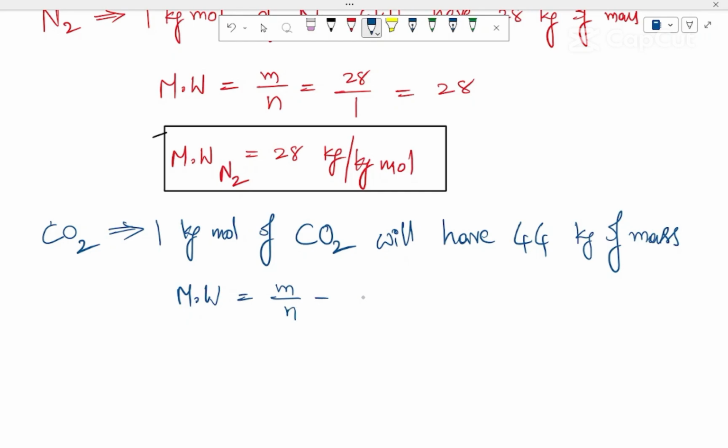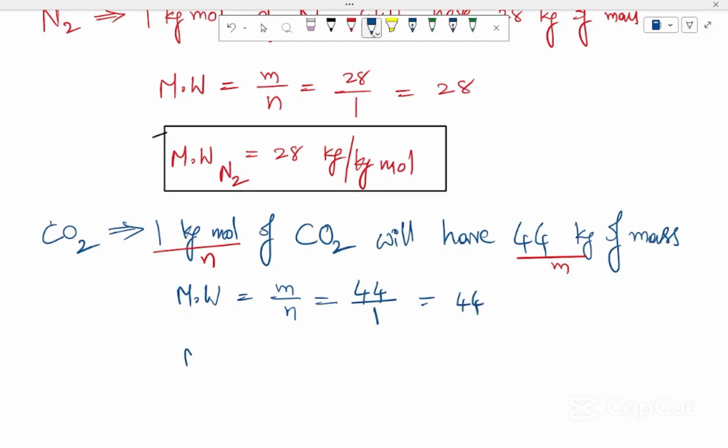This is the formula we know, and we got the value of mass as 44 kg here. This is your m value, and the n value here is 1 kg. So I can write that m by n is nothing but 44 by 1, which is nothing but 44.